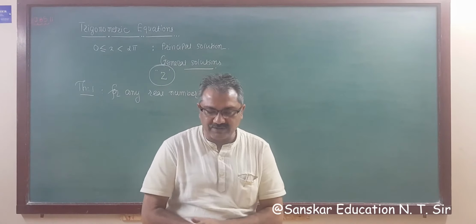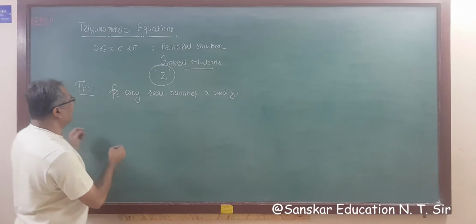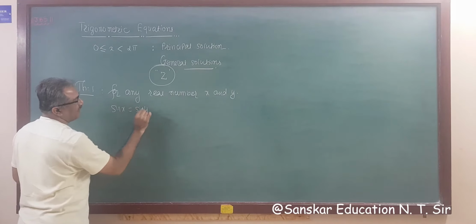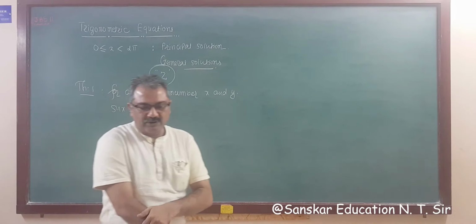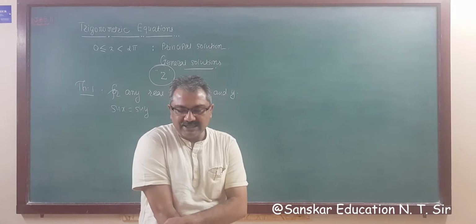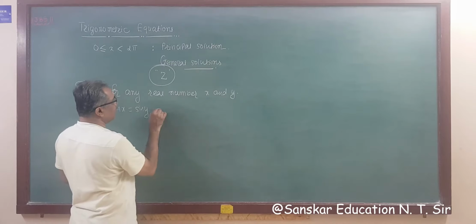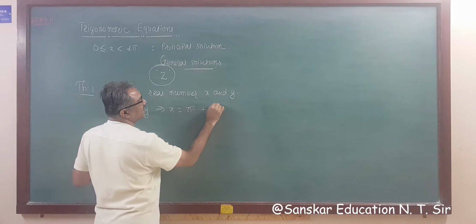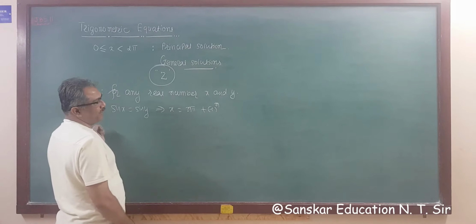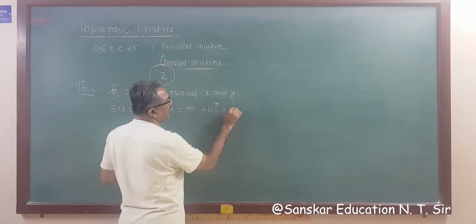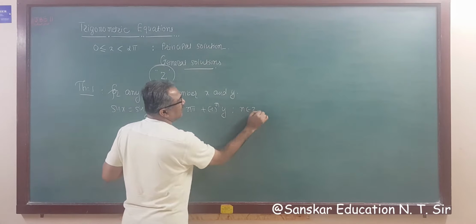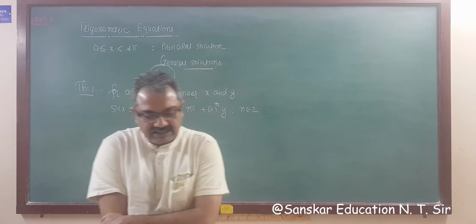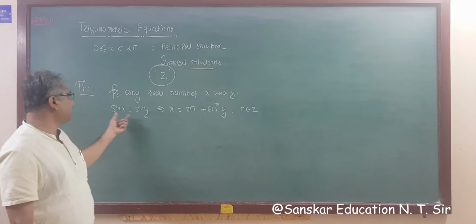If sin x is equal to sin y, this implies x is equal to n pi plus minus 1 raised to n into y, where n belongs to Z.